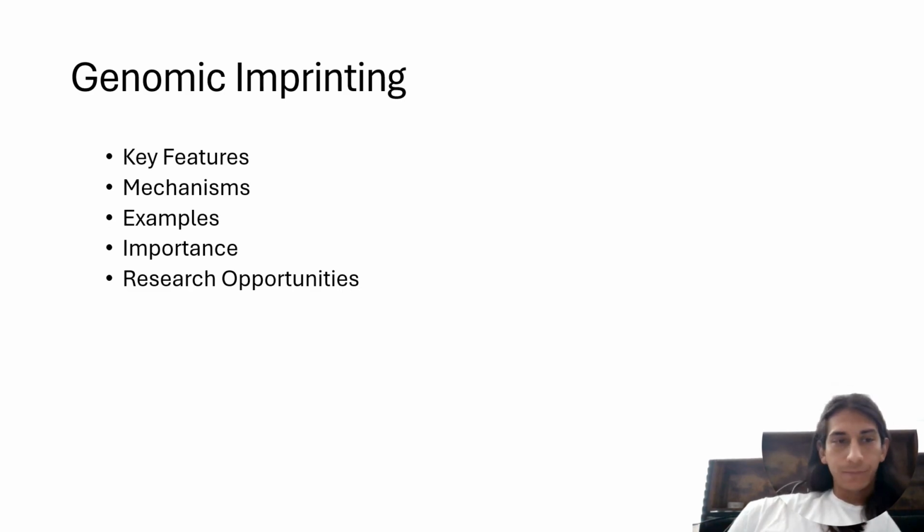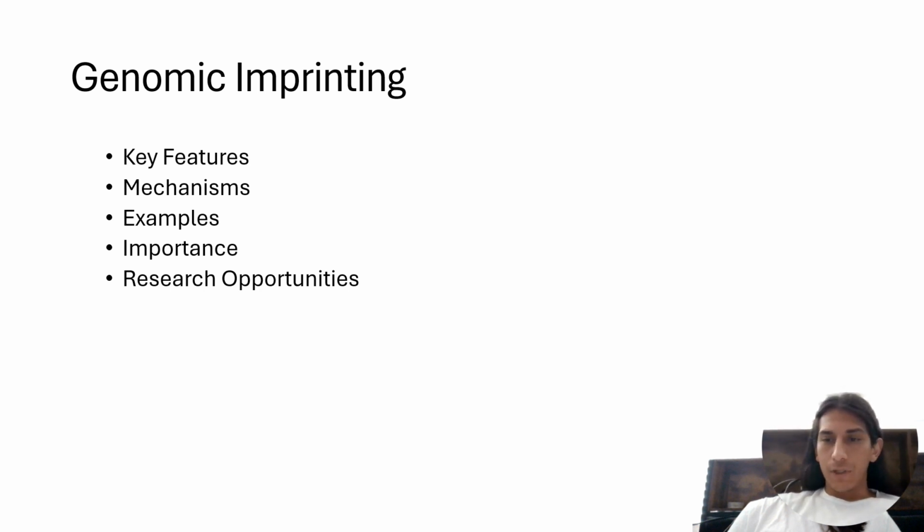Genomic imprinting. It's an epigenetic phenomenon where the expression of a gene depends on its parental origin. It involves the methylation of specific DNA sequences, leading to the silencing of one allele.